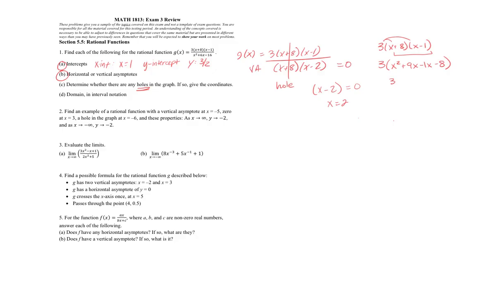So then we have 3x squared, and then we combine these together, which will give you 7x. So then we'll have 3 times 7, which will be 21x, and then we'll have minus 24. And then this bottom, we already had as x squared plus 6x minus 16.